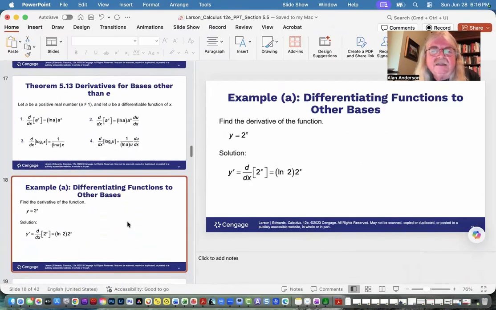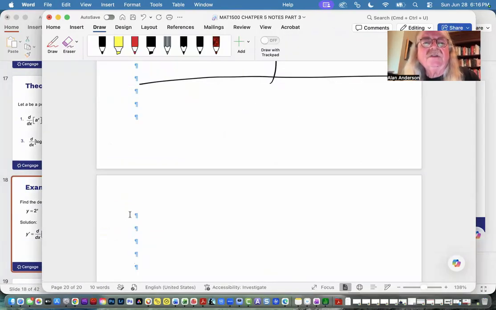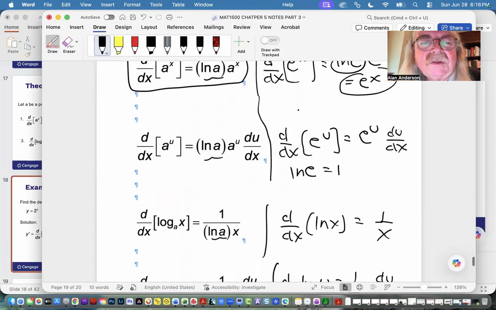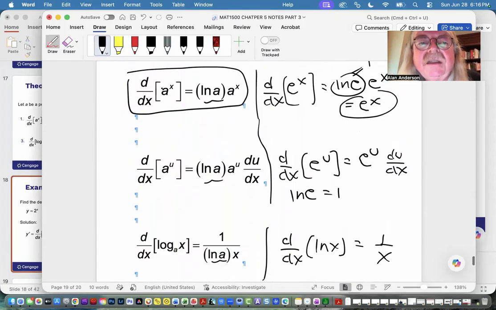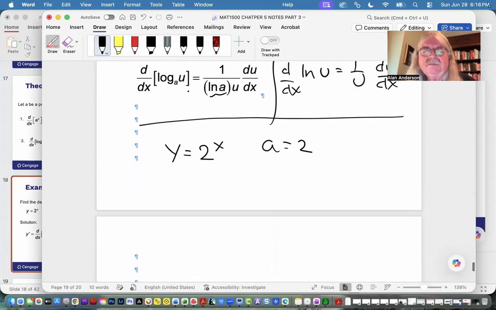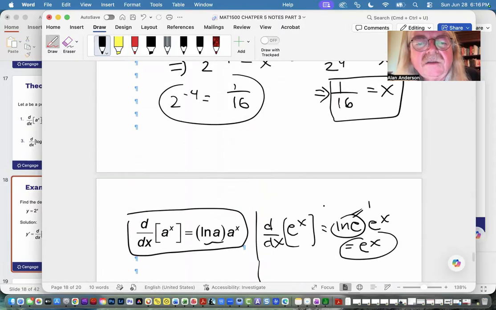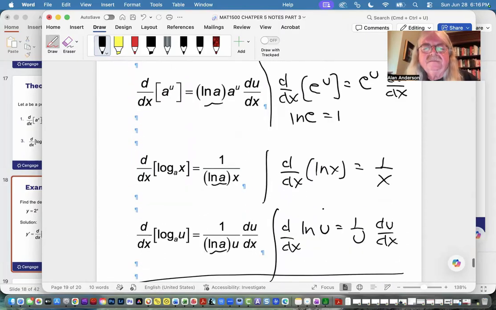All right, like this one, y equals 2 to the x. What do we do with it? So here a is 2. And so we're going to use which rule? Here we go. The derivative of a to the x equals log a times a to the x.